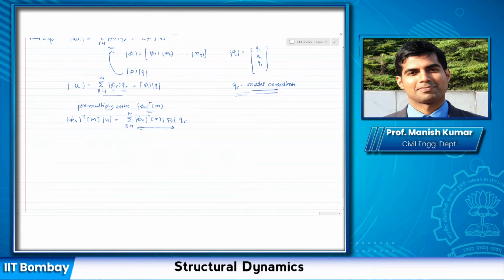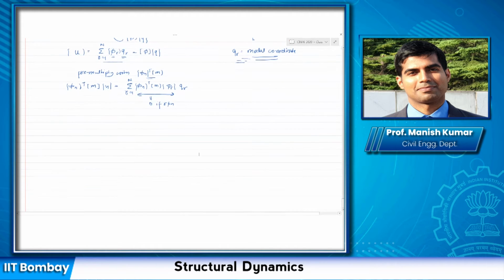I have this expression here, and I know that this expression is equal to 0 if n is not equal to r, or vice versa. So when I expand it, all the terms are going to be 0 except one term when r is equal to n. Understood? So I'm again using the property of orthogonality.